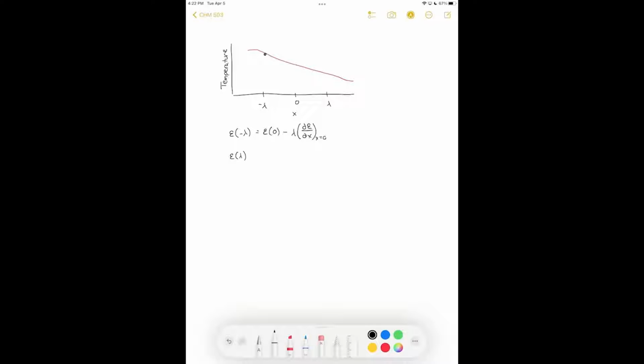Again, this dE/dx here is simply the slope. So we can calculate the energy at a different point by adding the slope and multiplying by the distance we've deviated from our starting point. We can say the energy at point lambda is equal to the energy at point 0, in this case, plus lambda times the slope. So with these, we can determine the energy at 2 different points.